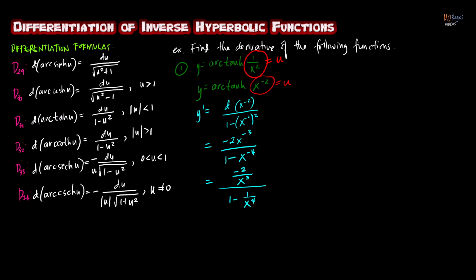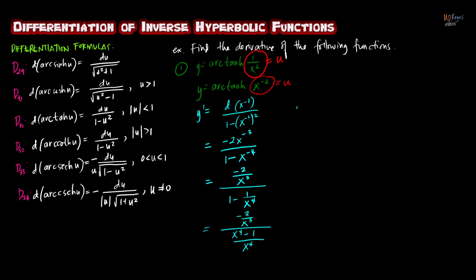Now this is a complex fraction that we need to simplify. We'll take the LCD in the denominator first between 1 and 1 over x to the 4th. So I'll copy the numerator negative 2 over x cubed. The LCD in the denominator is x to the 4th, and we'll have x to the 4th minus 1 here.